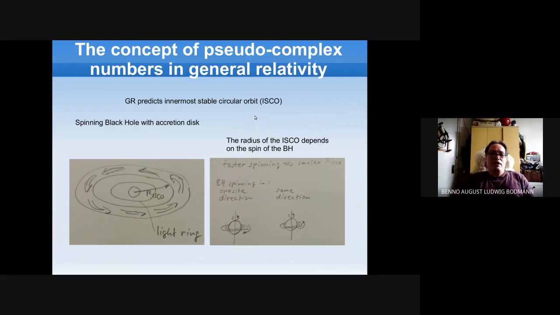So if we use the prediction of general relativity and we think that the black hole is surrounded by an accretion disk, then general relativity predicts an innermost stable circular orbit, which is called ISCO. The infalling matter, due to the strong gravitational fields, should stop at this stable orbit.